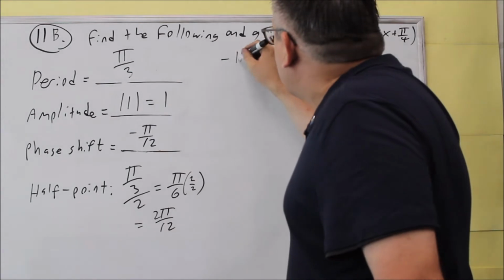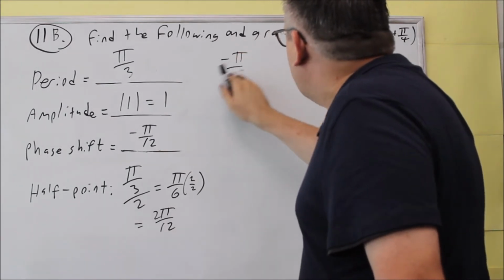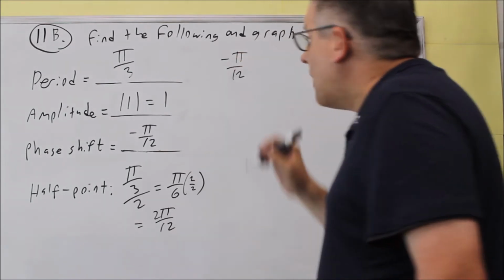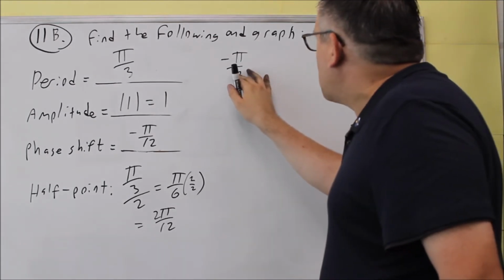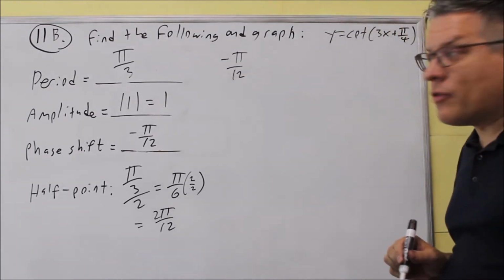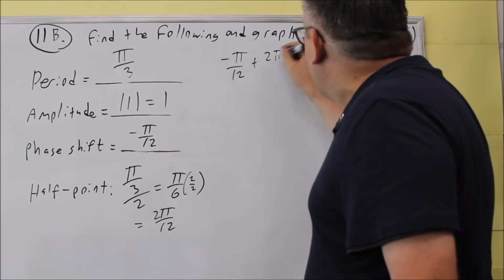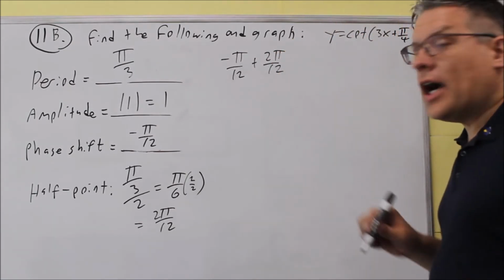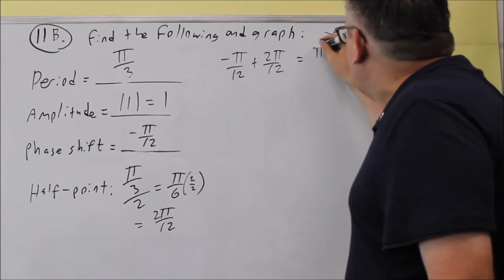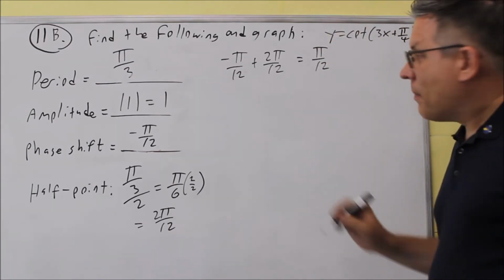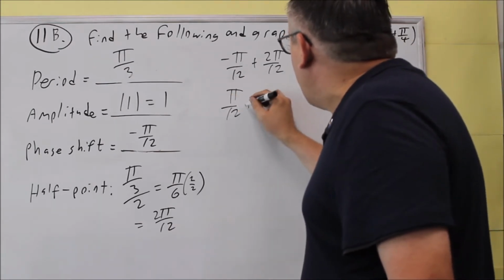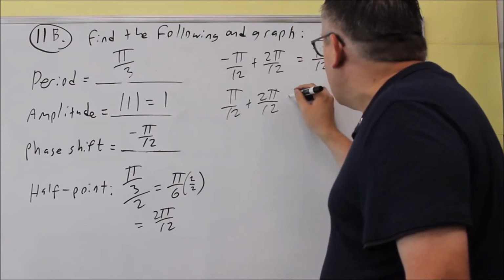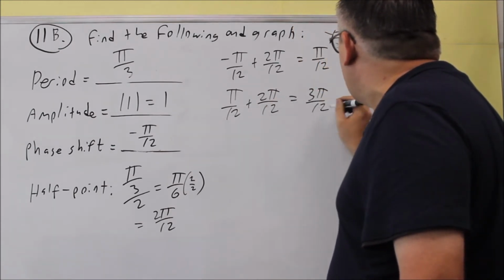So I'm going to write all these out so you can see what I'm doing here, since these are not whole numbers this time and we have fractions. I'm starting with the phase shift, negative pi over 12, and I want to add the half point, which we found was 2 pi over 12. If you add that, you get positive pi over 12. Then I'll add another 2 pi over 12, so I get 3 pi over 12.